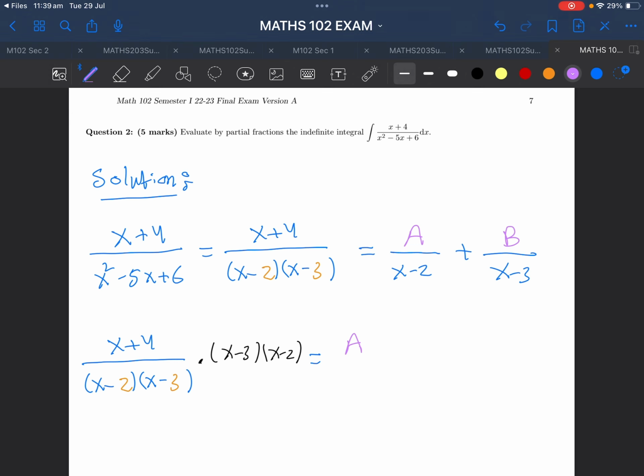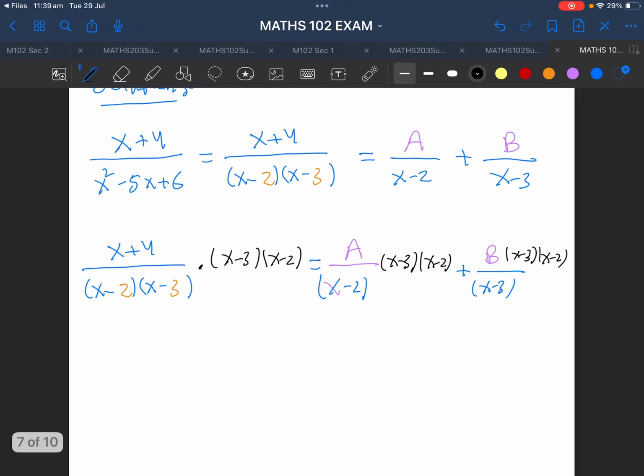So here we have a over x minus 2, we need to multiply it by x minus 3, x minus 2, plus b divided by x minus 3, multiplied by x minus 3, x minus 2.